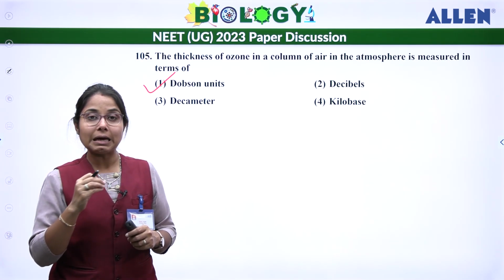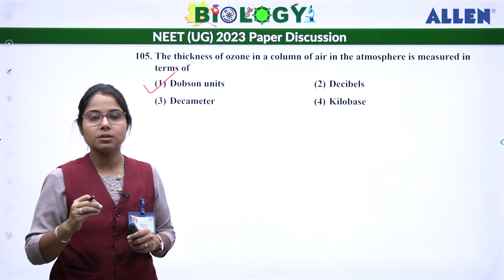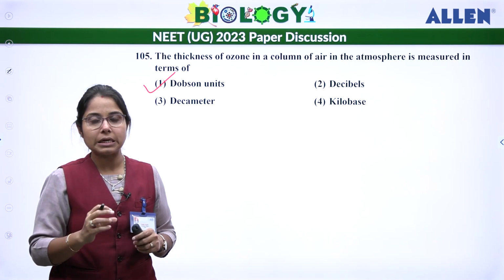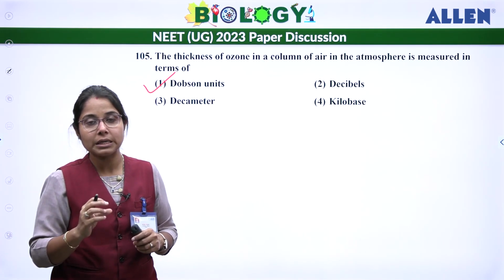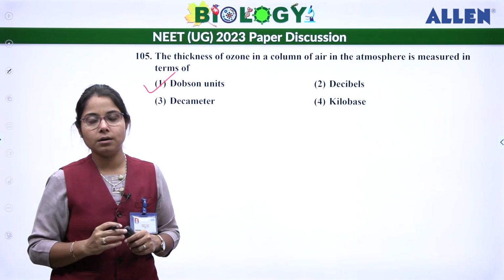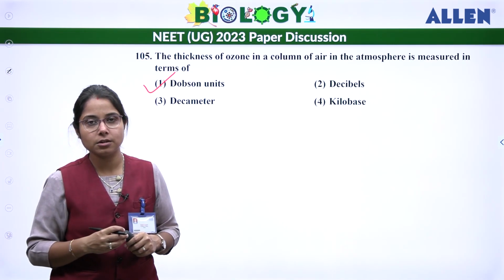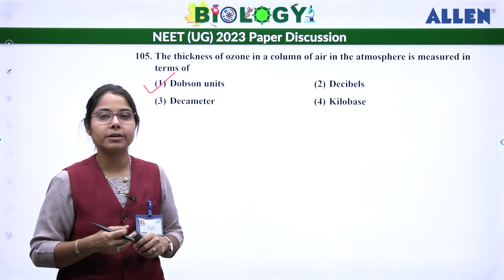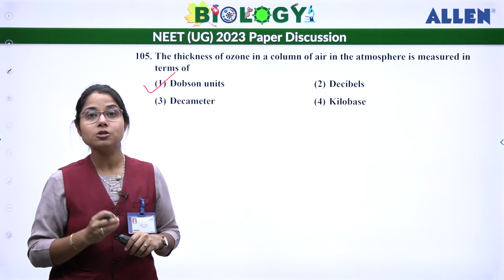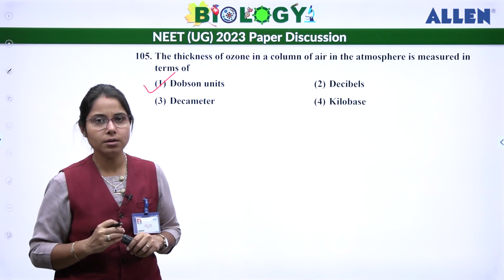So if there is a thinning of the ozone, the Dobson will decrease, the layer of ozone will decrease, and harmful UV radiation will be able to cross the atmosphere and reach the earth's surface and will cause harmful effects in the living organism. So the unit which is used to measure the ozone layer is the Dobson unit.